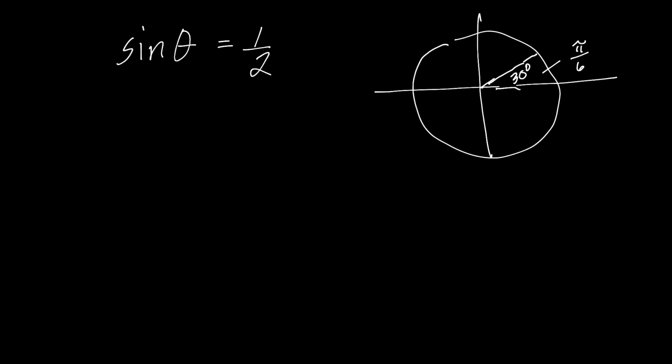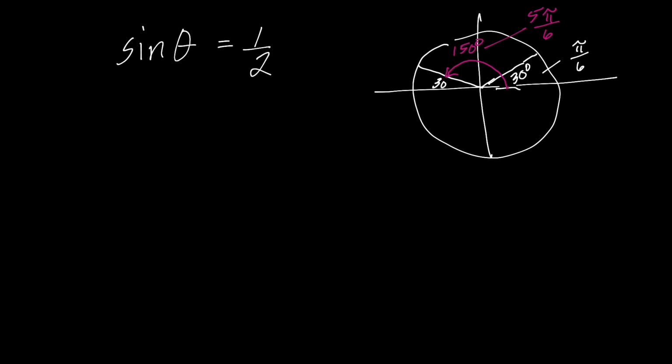So let's draw a reference angle. Looks like this. If this were 30 degrees, the new angle formed would be 150 degrees, and that, of course, is the same as 5 pi over 6.